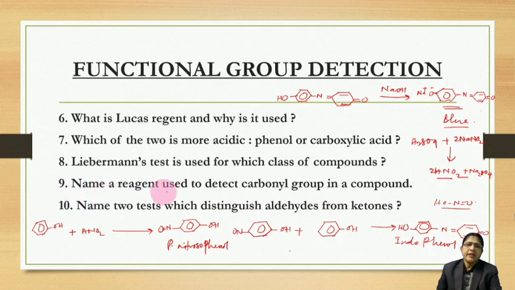Next one, name a reagent used to detect carbonyl group in a compound. So for carbonyl group, it is 2,4-dinitrophenylhydrazine. With 2,4-dinitrophenylhydrazine, it forms addition product. All carbonyl group in theory already you have studied.